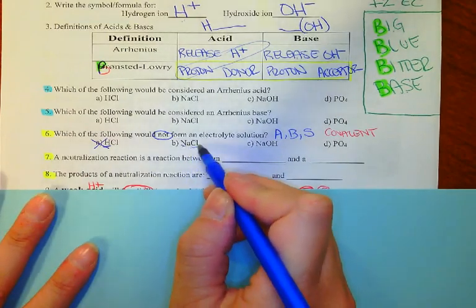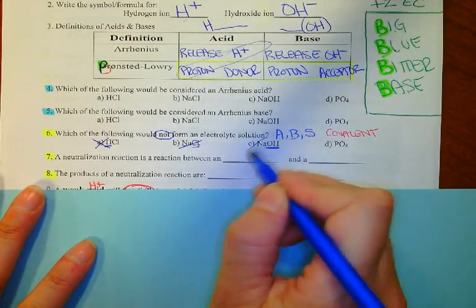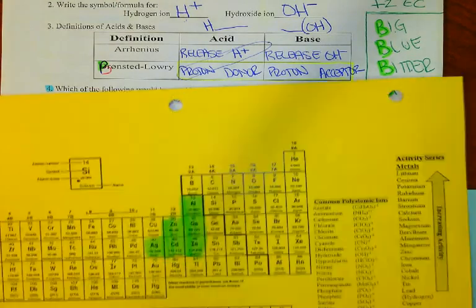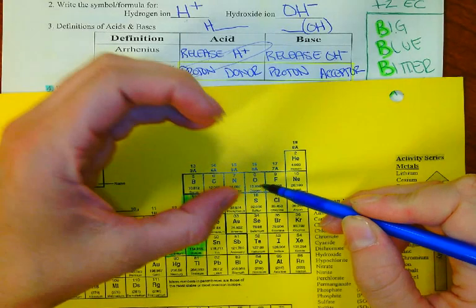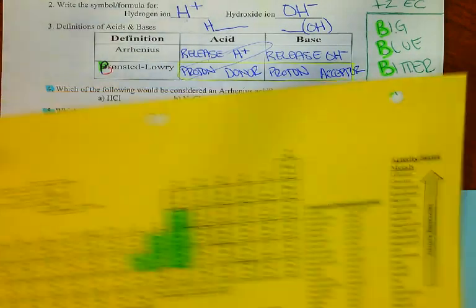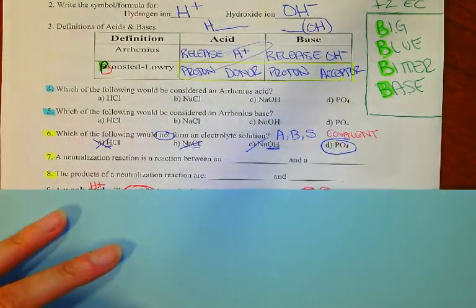NaCl, that's a metal and a non-metal, which means it's an ionic salt. OH means this is a base. PO4: phosphorus and oxygen are both non-metals, which means it's on this side of the periodic table. C for covalent. So this one would not be an electrolyte.